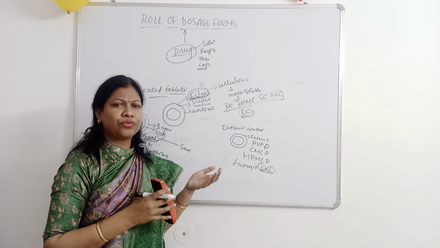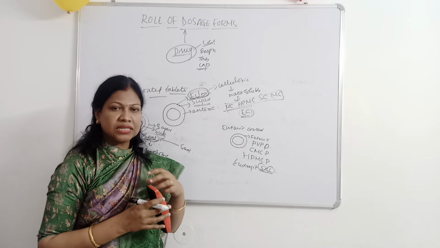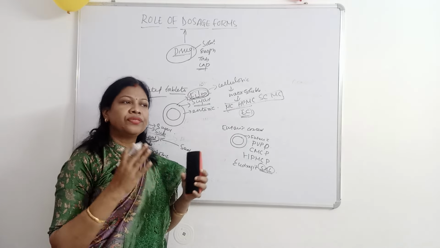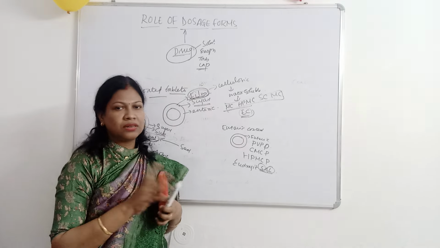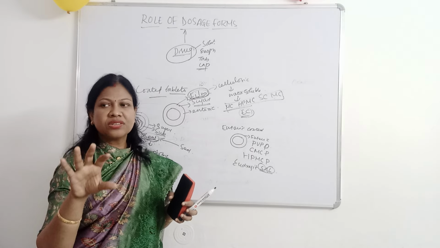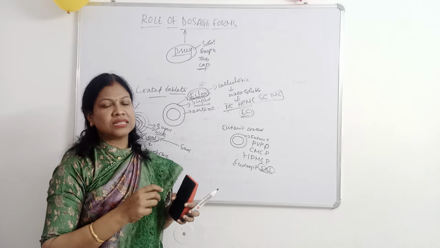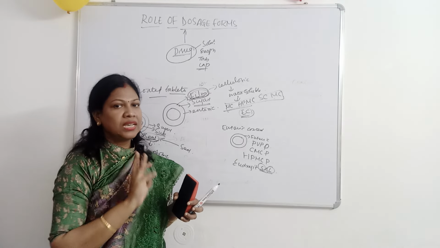When are these enteric coated formulations necessary? When you need local action in the intestine. For example, if there is an ulcer in the intestine, why release the drug in the stomach? Not necessary. You have to release the drug in the intestine because it is going to cure the intestinal ulcer. So for local action, we go for this enteric coating.